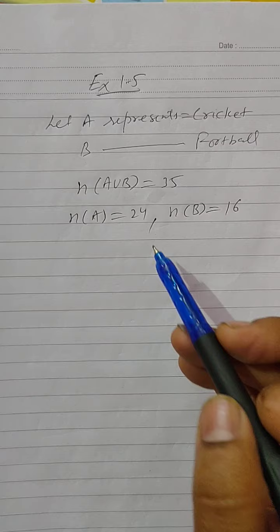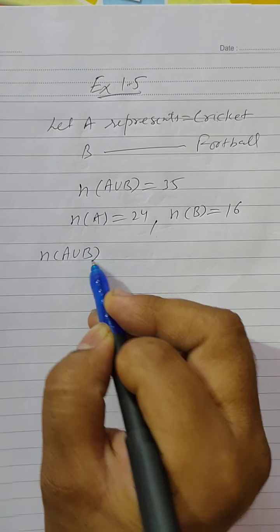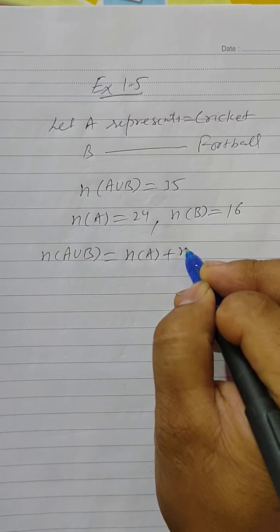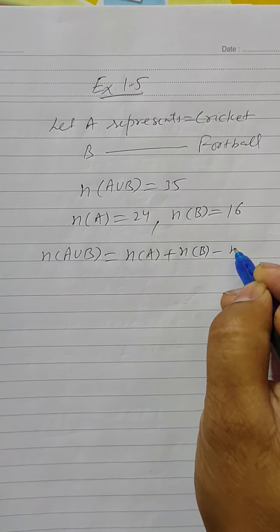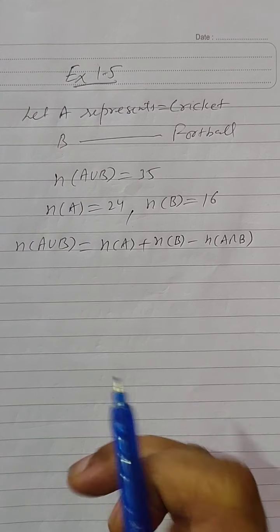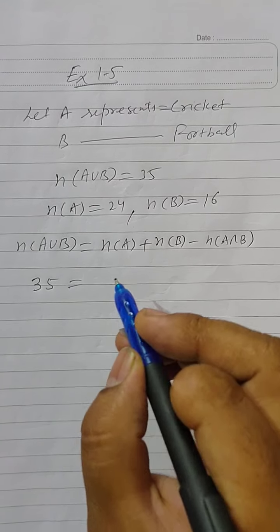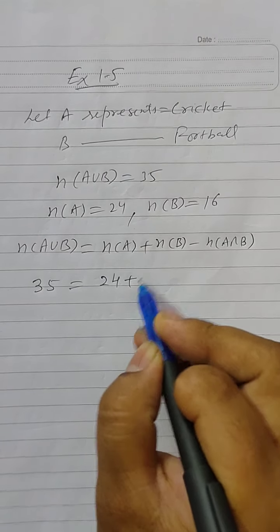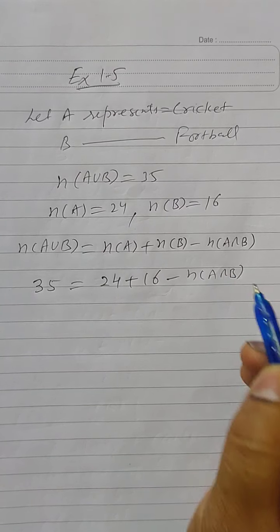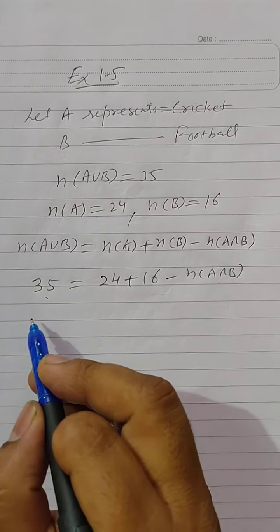Both means we have to find A intersection B, and we know that n of A union B is equal to n of A plus n of B minus n of A intersection B. So n of A union B is 35, n of A is 24, n of B is 16, minus n of A intersection B. Transpose this to this side, this to this side.